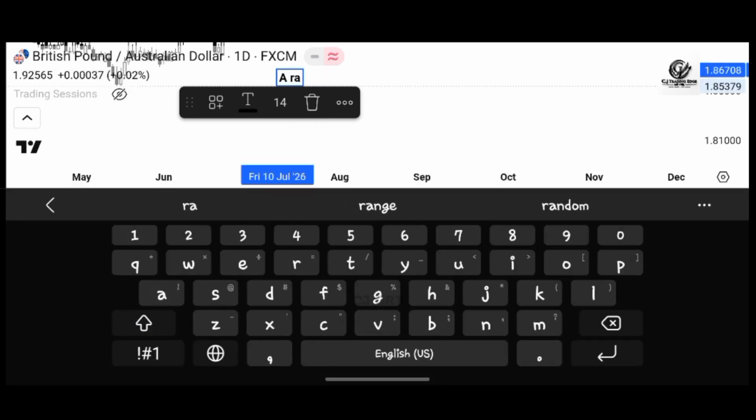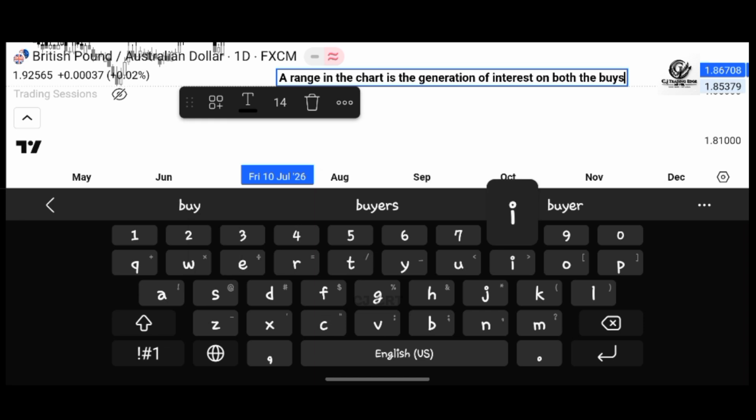A range in the chart is the generation of interest on both the buy side, sorry, on both the buy side and the sell side.